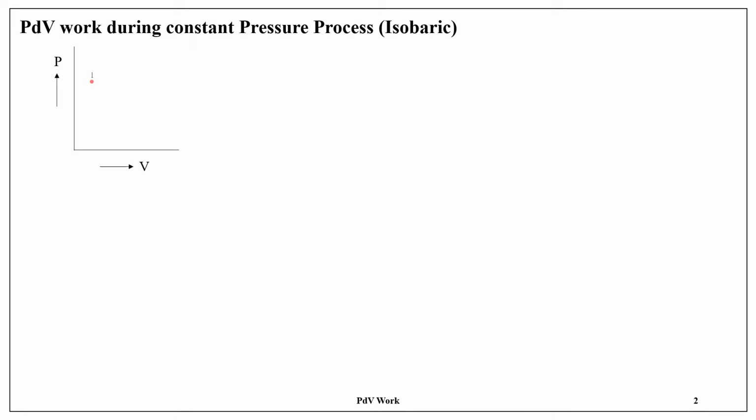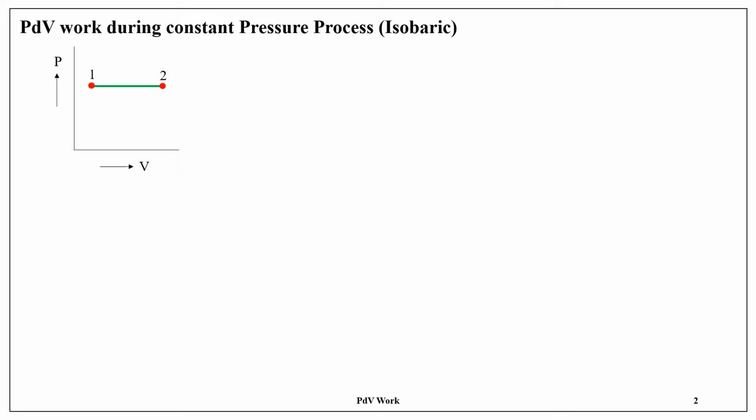And a system is initially at state 1 and it undergoes a change of state, or it has undergone a process, and reaches the state 2. The change of state is completely defined. And what is that complete definition?